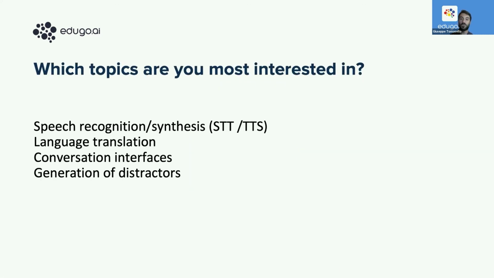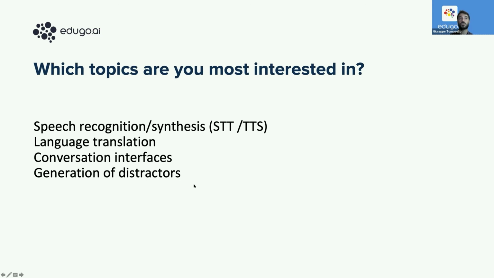So yeah, I would like to close my presentation by asking you guys what topics you would like me to cover in the next webinars, because we're preparing a lineup of amazing speakers who are real experts in different NLP and AI related fields. I would like to ask you which topics you would like to cover.